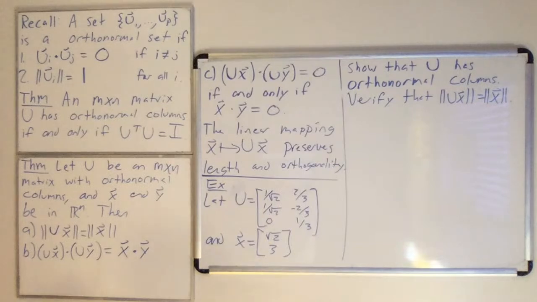If not, I'll tell you in a second. So how are we going to show that U has orthonormal columns?